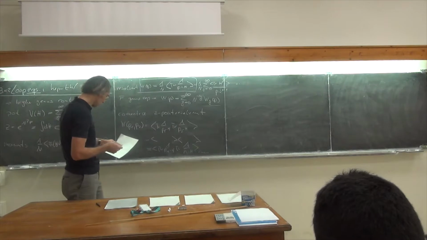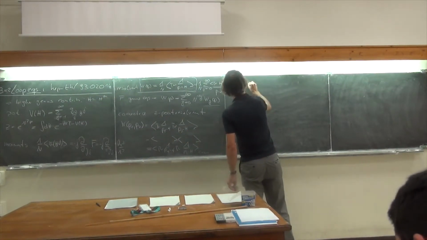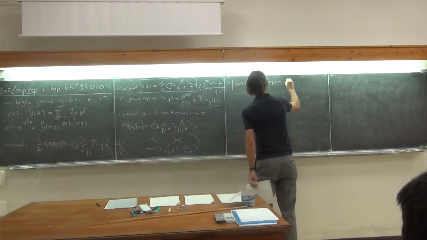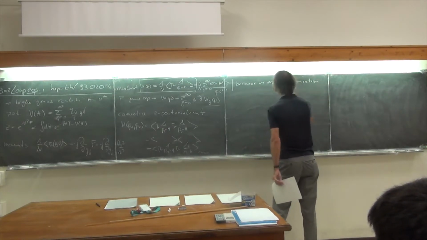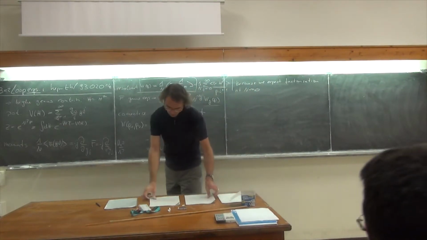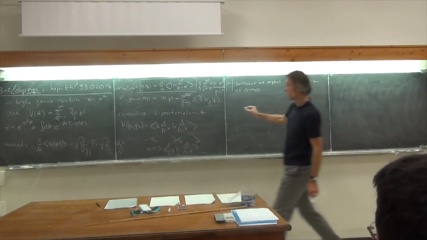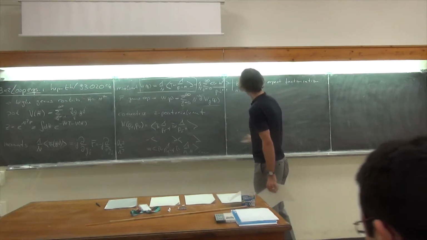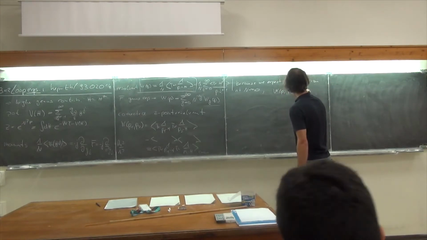It's in the notes, we won't need them. So, because we expect factorization at infinity. Now, there's one more object that I would like to introduce. Of course, we also assume that W_{1,2} has a genus expansion.